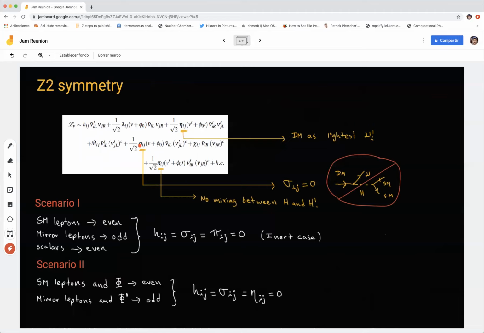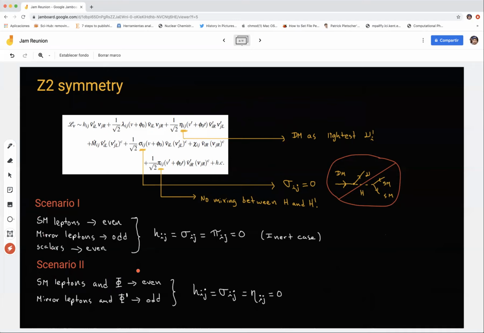Based on the assignment of the values under this discrete symmetry C2, we can propose two scenarios that guarantee the stability of dark matter.